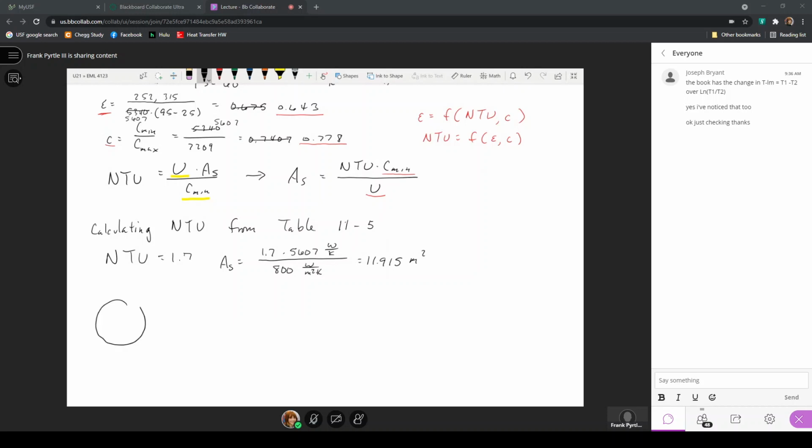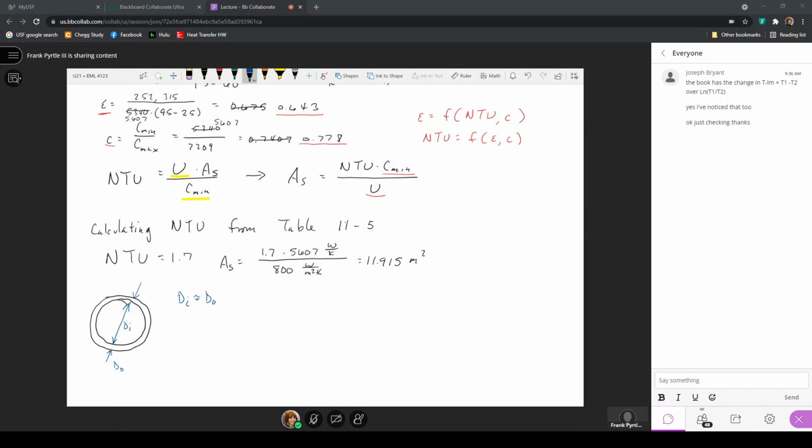Again, here, the inside diameter, DI, and the outside diameter, DO, are approximately the same for a thin-walled tube.